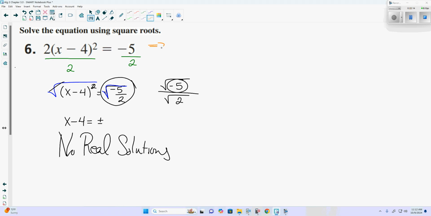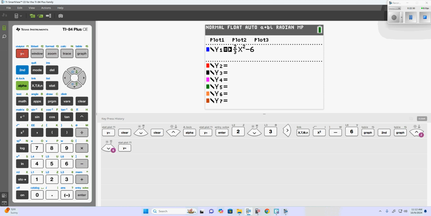Now, if I add 5 to both sides, then we get this equal to 0. 2 times x minus 4 squared plus 5. I'm going to graph it and see what we get. Because it was x plus 4 squared. X minus 4.